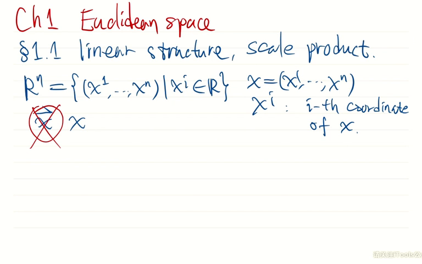Secondly, for the component of x or the coordinate of x, we use the upper index x^i instead of the lower index xi. We use this and not this one. This notation has some advantages we will realize later.